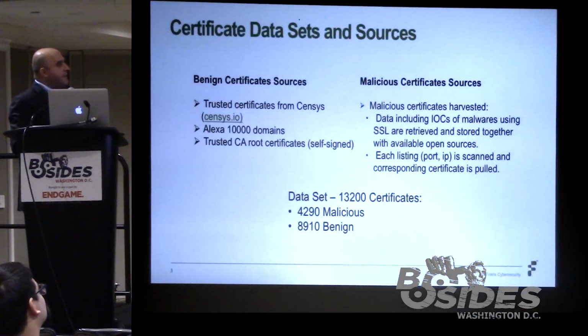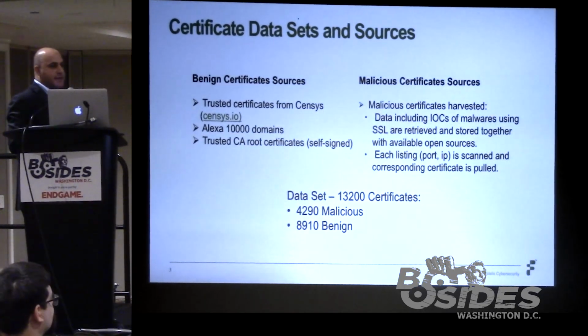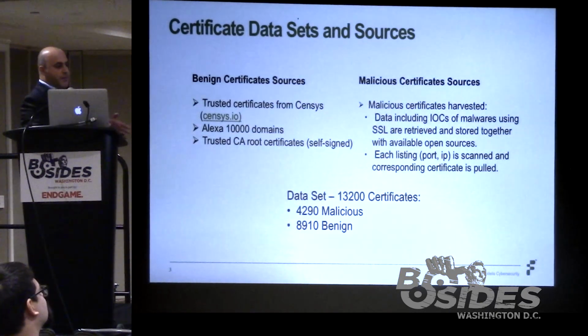So as with any machine learning or data science project, first you need the data. And in this case, we need labeled data, meaning we need certificates that we know are bad and certificates we know are good, more or less. There can be some certificates we think are benign that turn out to be malicious, but in general, benign certificates and malicious certificates.